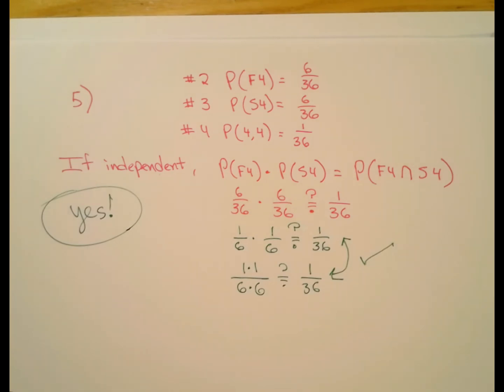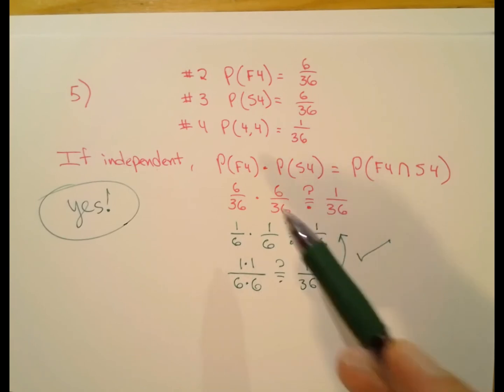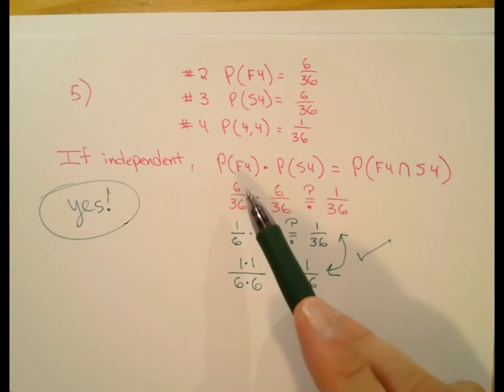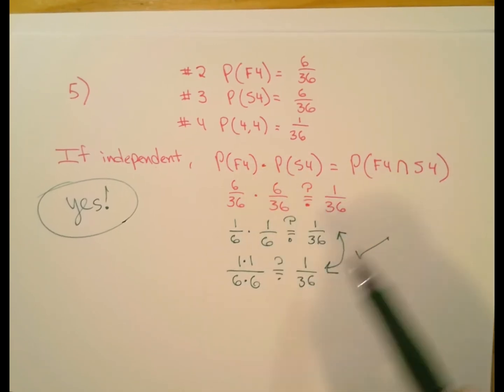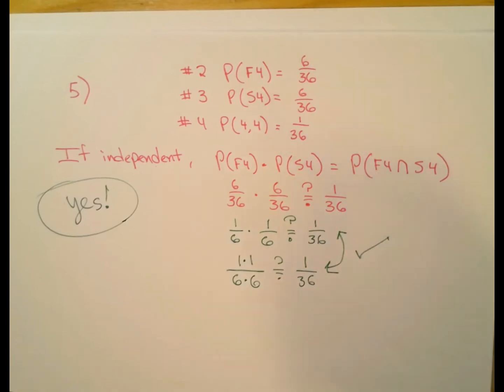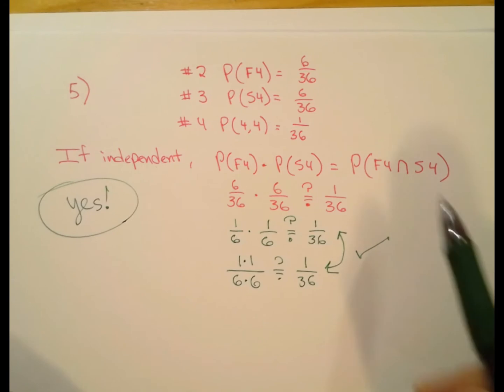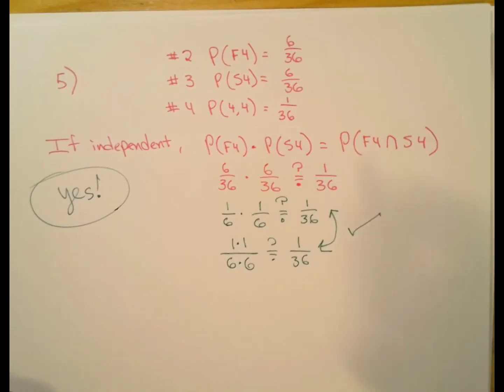So you could roll one die over here on the right side of the room, roll the other die on the left side of the room, and one has nothing to do with the other. This just sort of mathematically shows that principle. If the two events are independent, then the product of their individual probabilities is equal to the probability of them both happening at the same time, or the intersection.